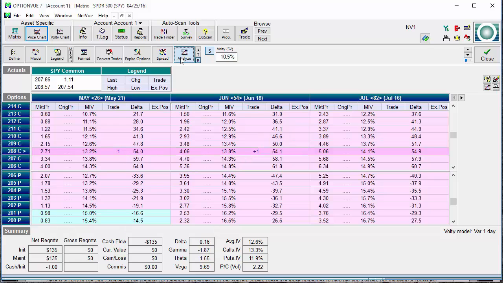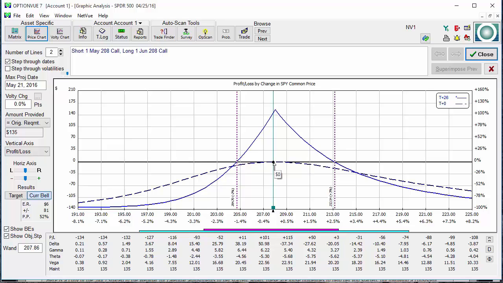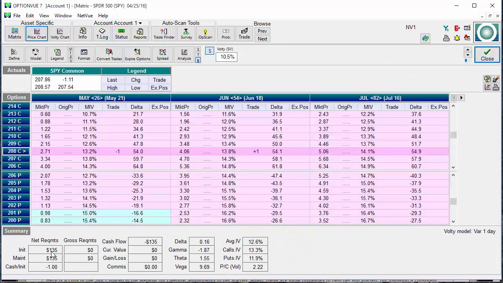However, this is your profile. So at expiration, 26 days from now, if SPY has moved nowhere and it stays right at 207.98, your profits will be approximately $140. Okay? It's a $135 risk trade.